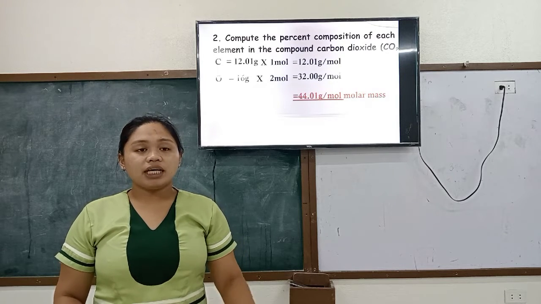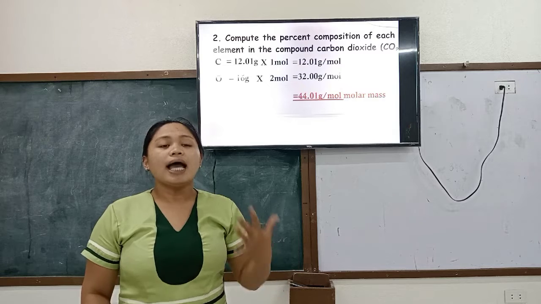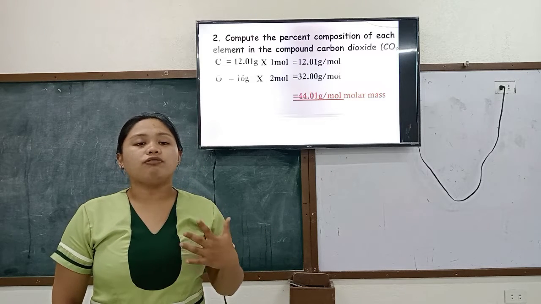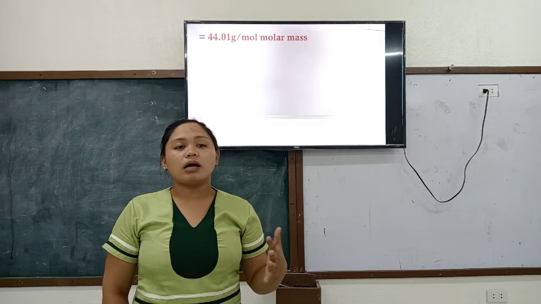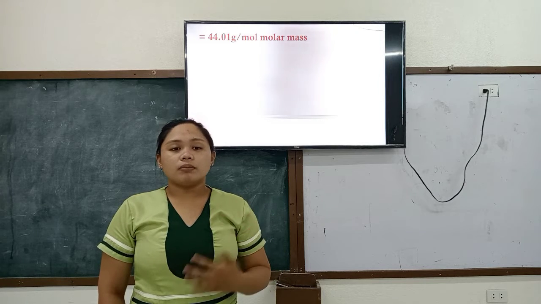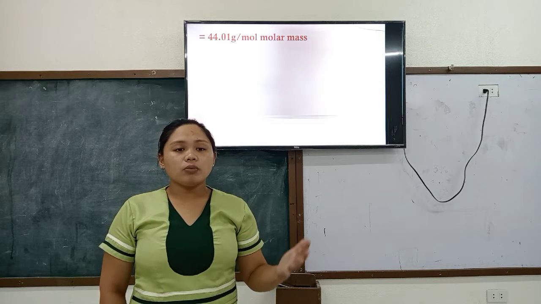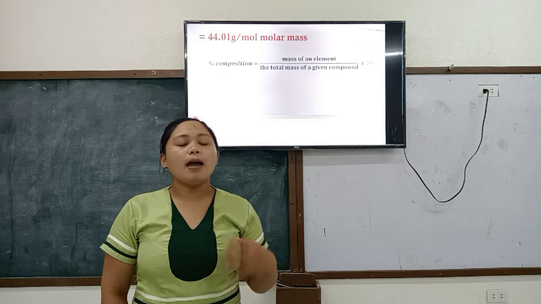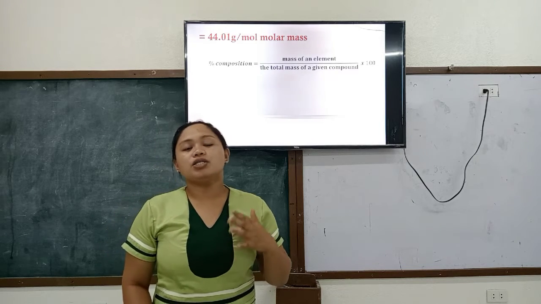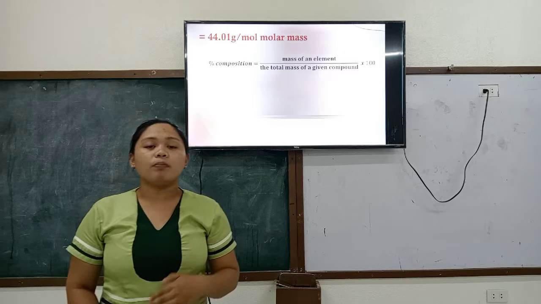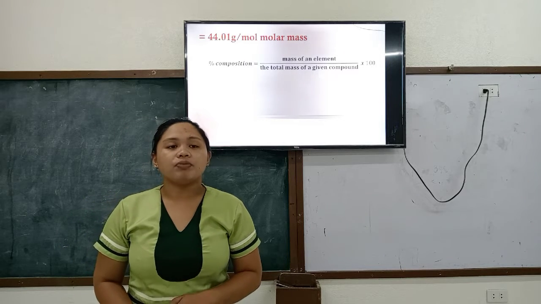44.01 grams over mole of molar mass. Now, since we have the given, let us now substitute the given problem to our formula. So, the total is 44.01 grams over mole of molar mass. So, here's the formula, which is percent composition equals mass of an element over the total of a given compound times 100%.